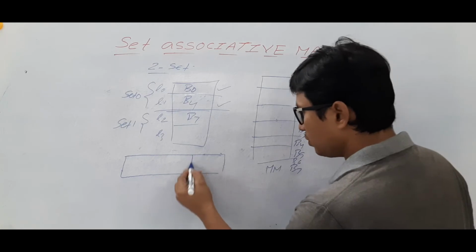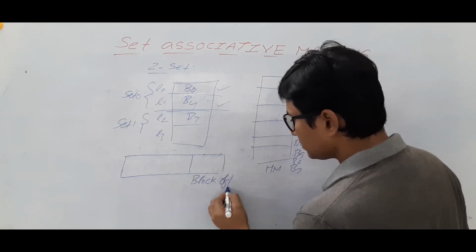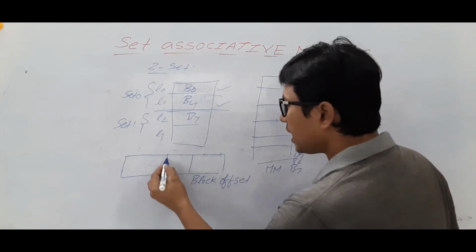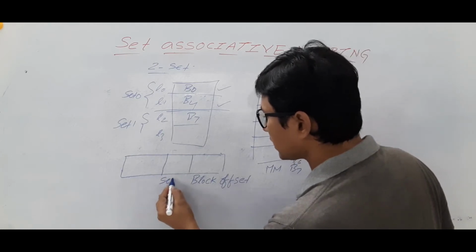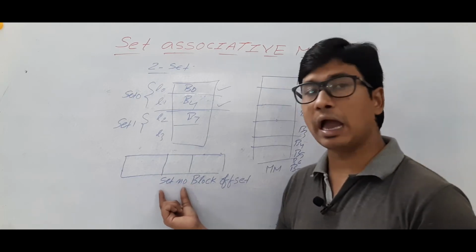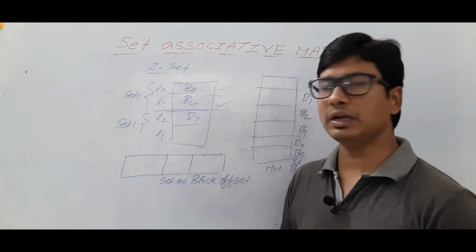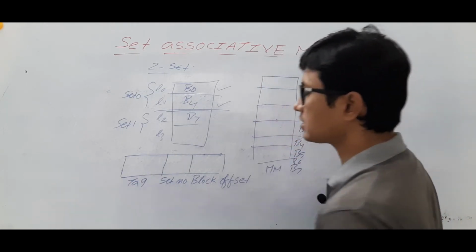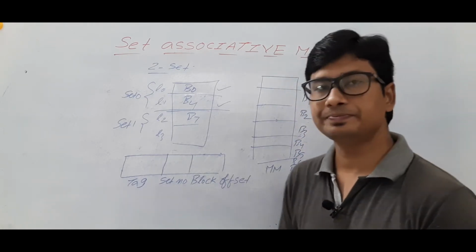So you will have a block offset, and here in set associative mapping you will have the set number, whereas in direct mapping you have the line number here. And the remaining bits are the tag bits. Now we will discuss each one.